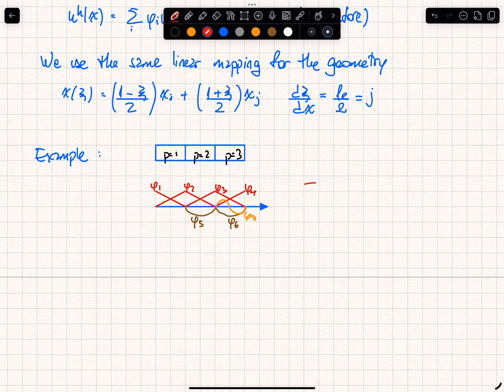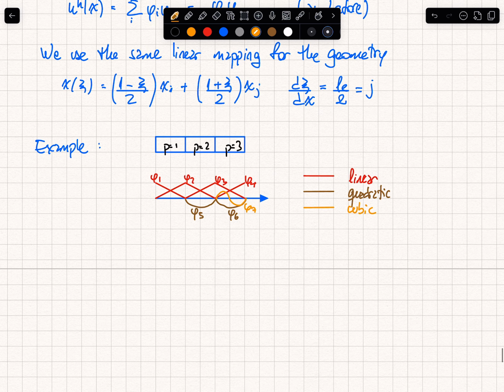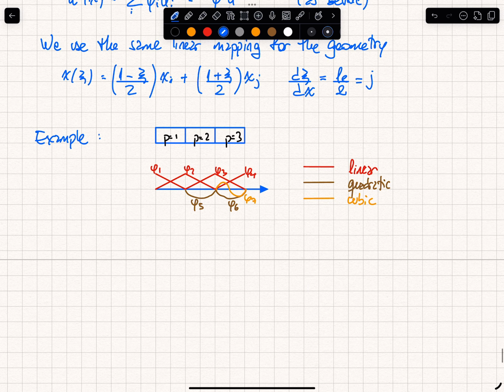So these are 3 elements. In one element you have p1, in the second p2, in the third one p3. So these were the linear ones. Okay, and now we're going to write our approximation.